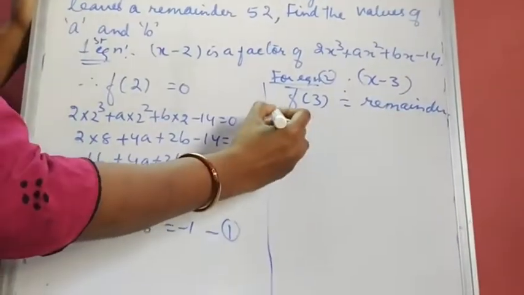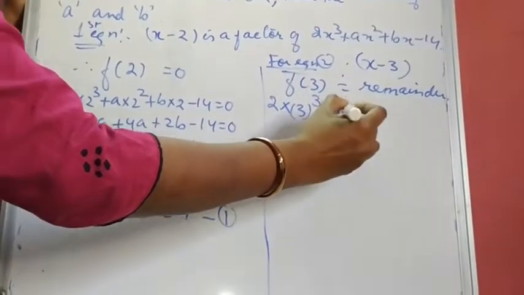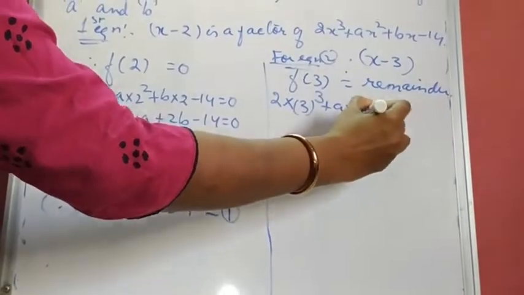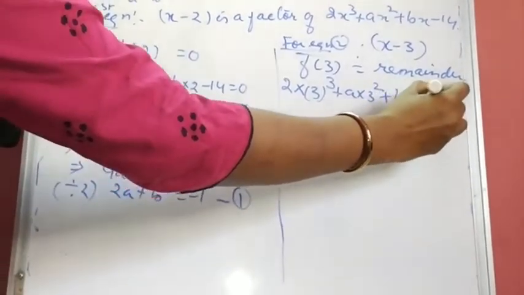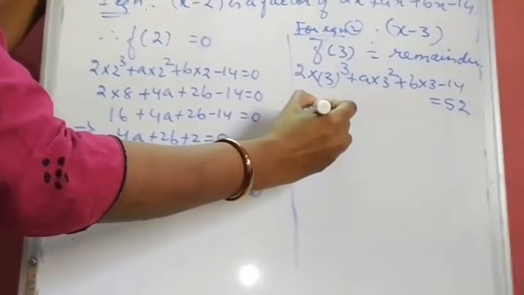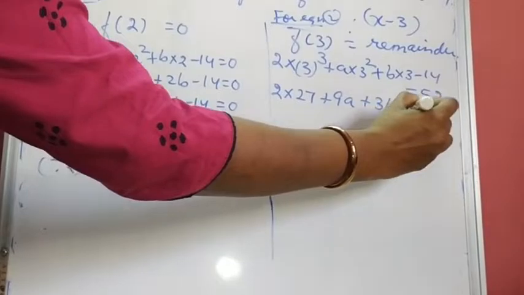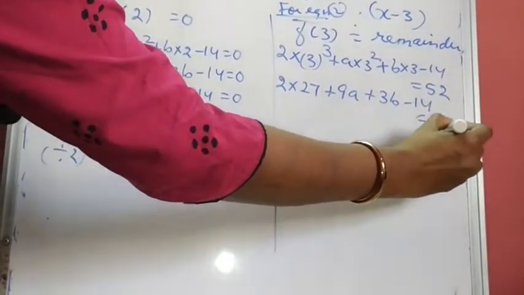So let us substitute now 2 into 3 cube plus a into 3 square plus b into 3 minus 14 is equal to 52. So 2 into 27 plus 9a plus 3b minus 14 is equal to 52.